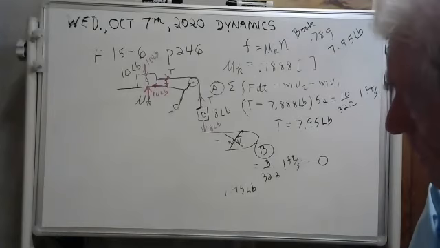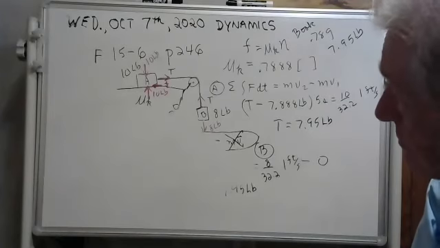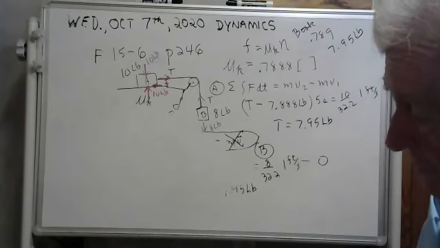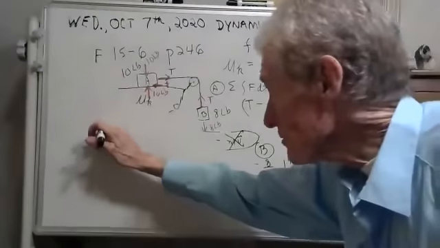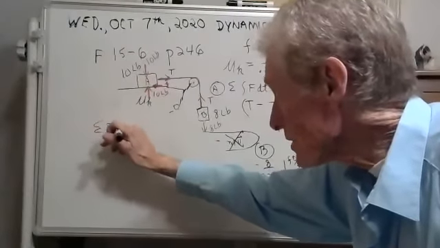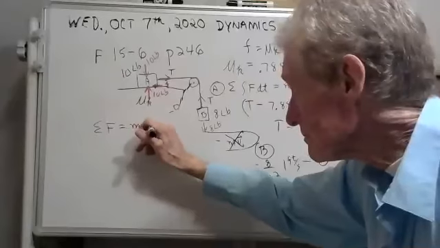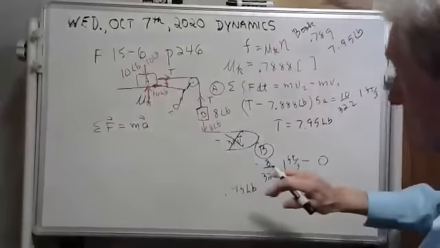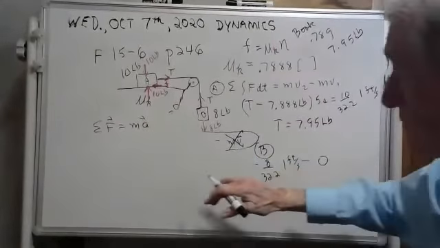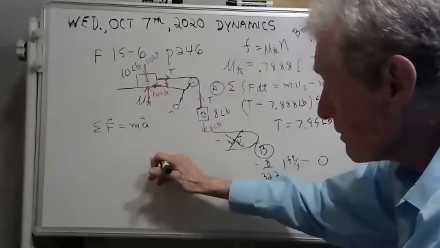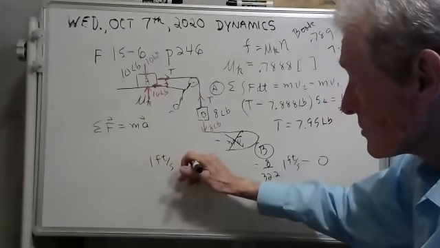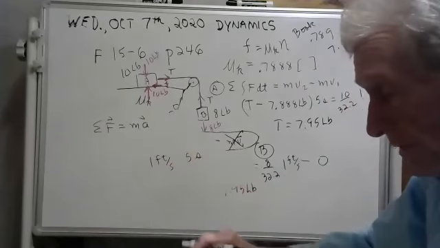Okay, Newton's second law. Well, Newton's second law is the sum of the forces equals ma. Now the thing is, they said it goes 1 foot per second, and it does it in 5 seconds. That's in the problem.